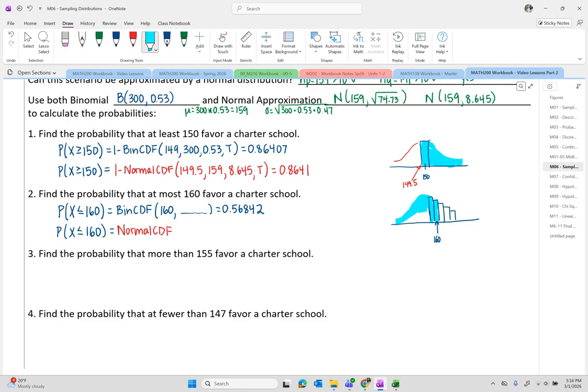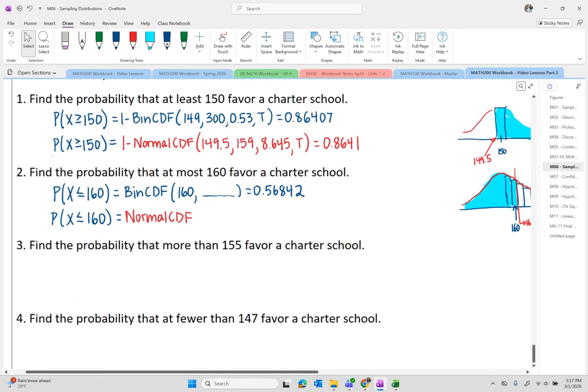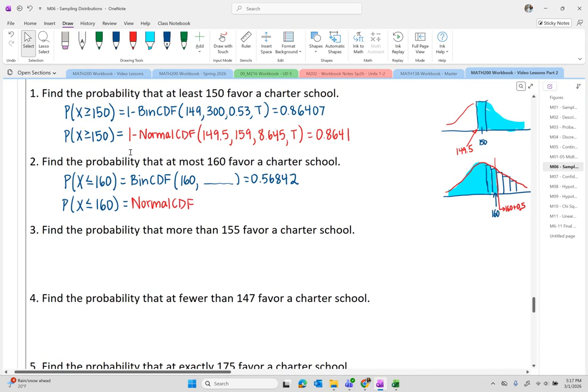So I want all of these probabilities to the left. And when this becomes a normal curve, I want the probability from this border of the rectangle to the left. But this border of this rectangle is 160 plus 0.5. And then I want the area from 160 plus 0.5 all the way to the left. So that number is 160.5.